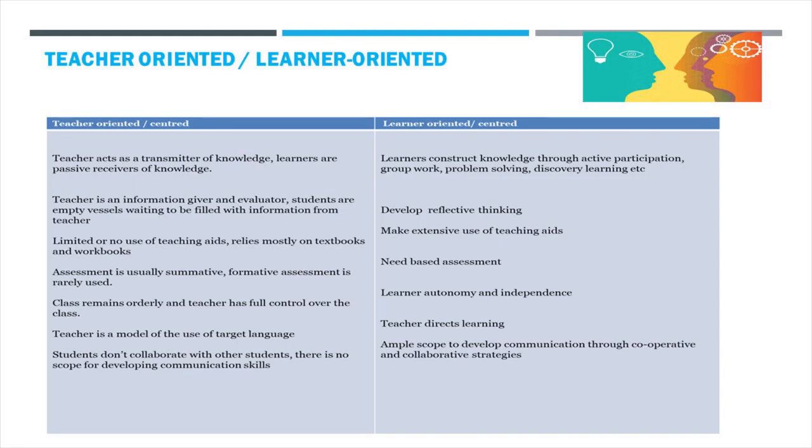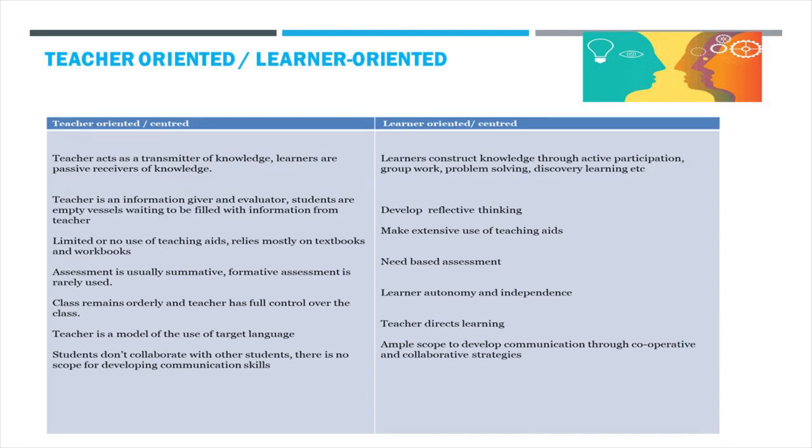Classes remain orderly. It is very good for the system because classes remain orderly, and the teacher has full control over the class in a teacher-centered classroom. Learner autonomy and independence is what you find in a learner-centered classroom. The teacher is a model of the use of the target language. That is a very positive point because from the teacher you learn pronunciation and the styles of language.